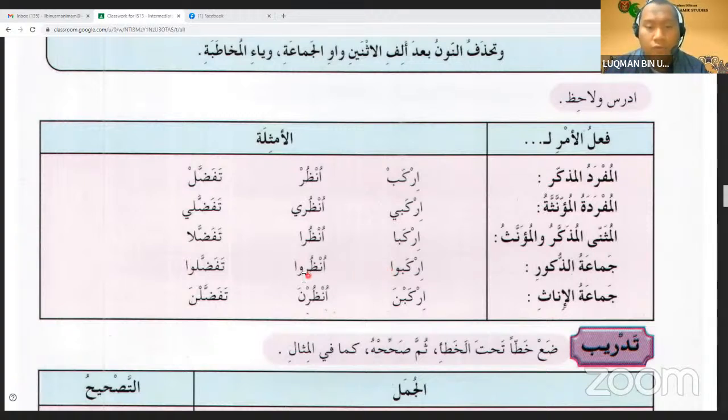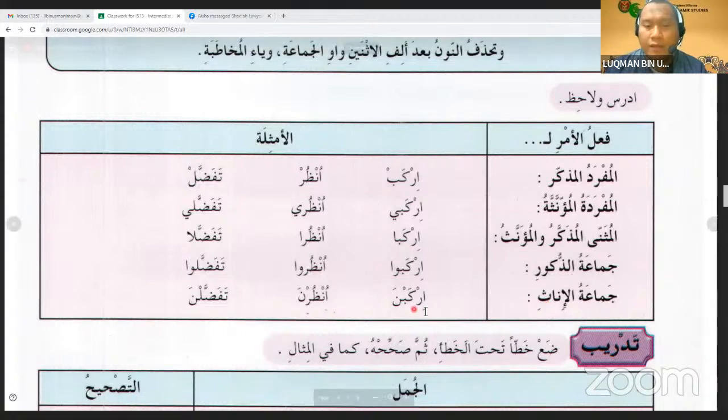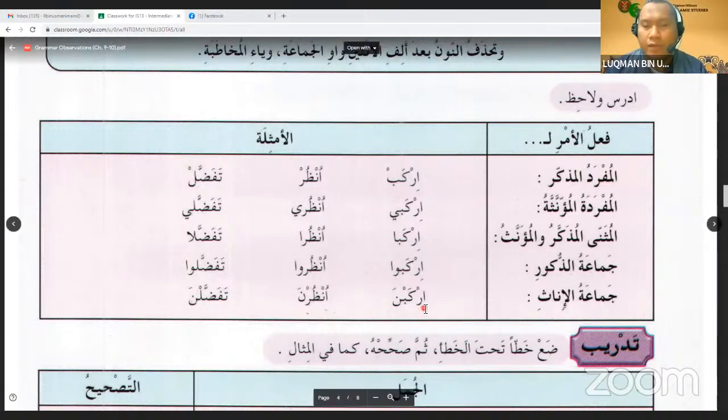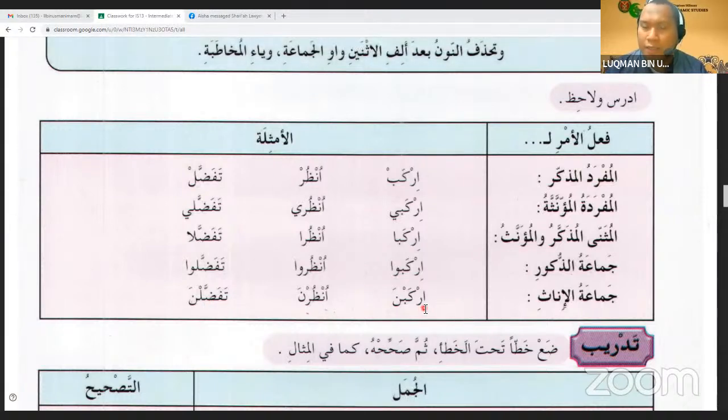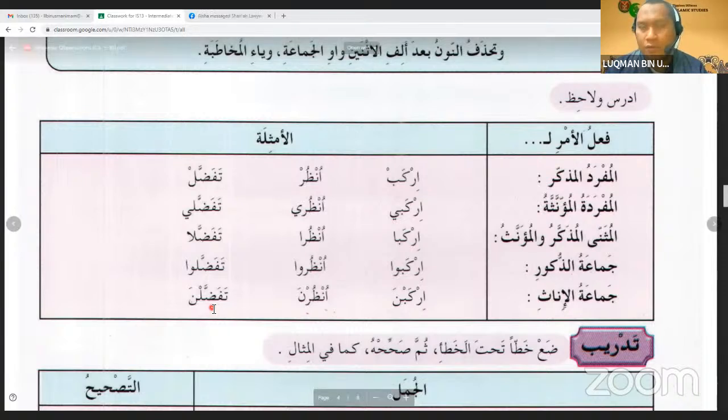Irkabu, unzuru, tafaddalu. Then jama'atul inath, so plural feminine. Irkabna, unzurna, tafaddalna. Irkabna, sumakay kayo, mga babae, tatlo pataas, lahat babae. Unzurna, tingnan nyo. Tafaddalna, pasok kayo, kunin nyo.